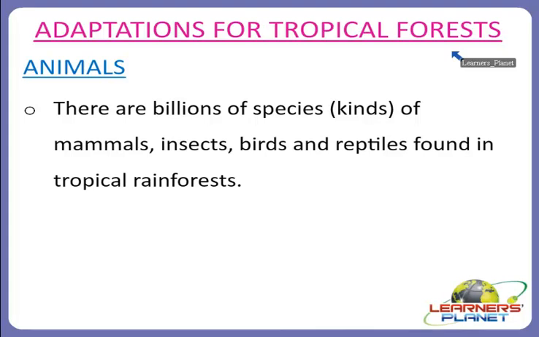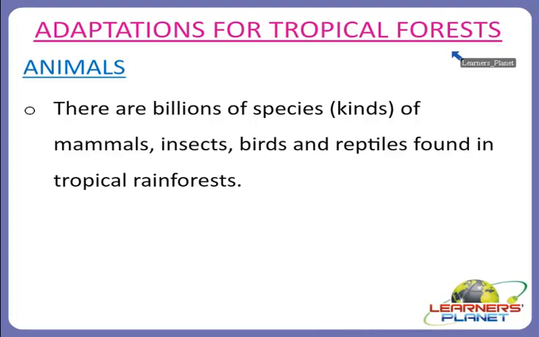And there are many animal and plant species which are found here. So we are going to study all those animals and plant species which have adapted themselves to survive in tropical forests.